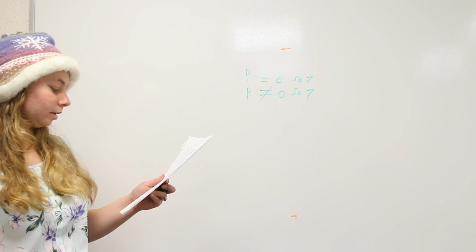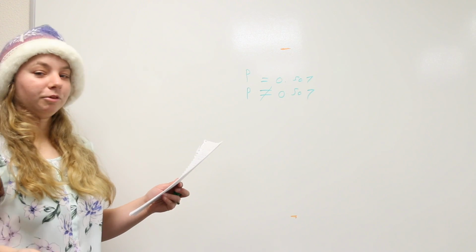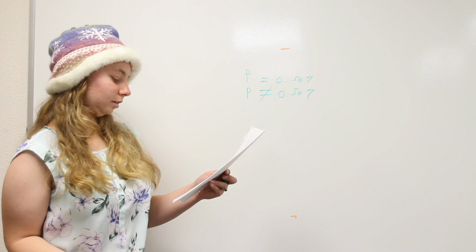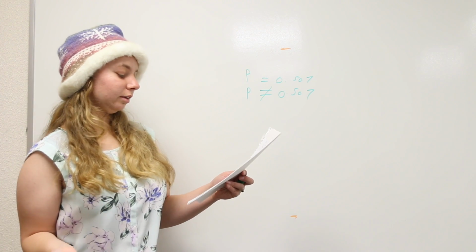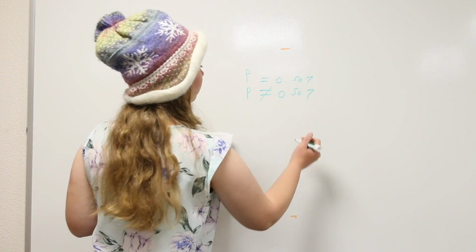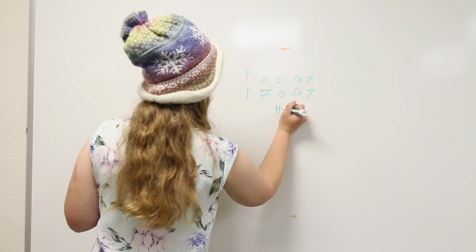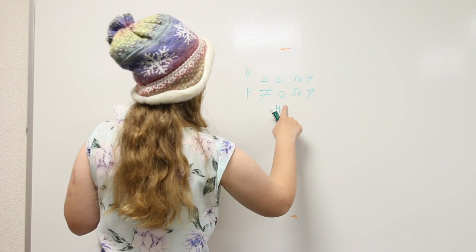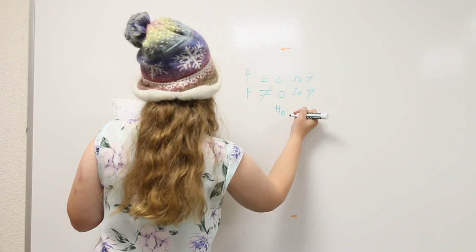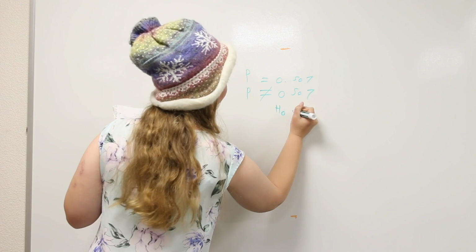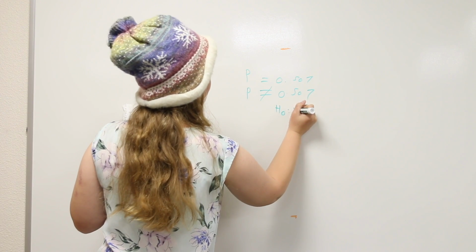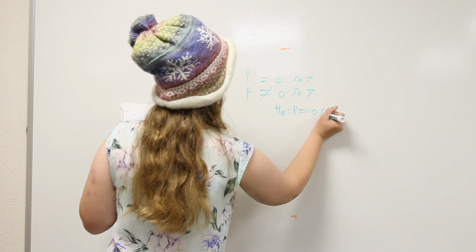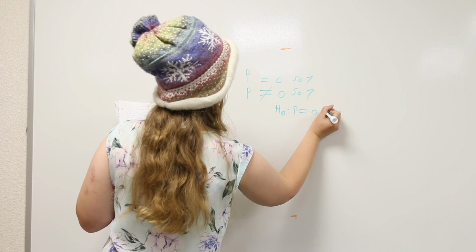Then we do step 3, which is to identify the null and alternative hypotheses. The null hypothesis for us would be H sub 0, colon, p equals 0.507.